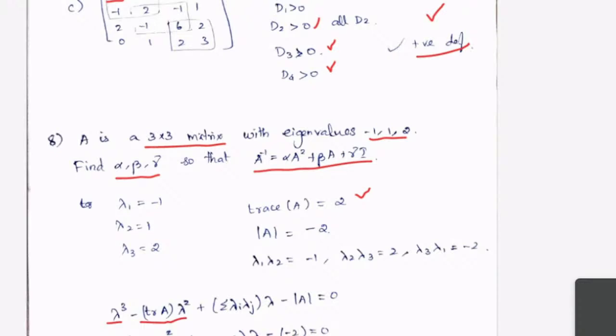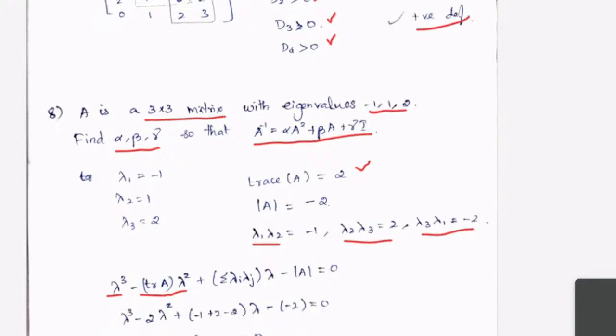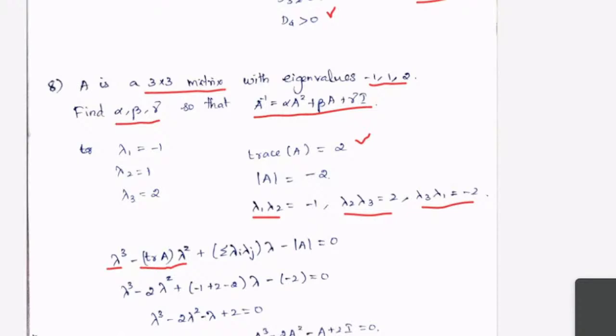For that, lambda 1 into lambda 2 is -1, lambda 2 into lambda 3 is 2, lambda 3 into lambda 1 is -2. By adding all this, we will get -1. So lambda cube minus trace, which is 2, lambda square, and summation of lambda i lambda j is -1, so minus lambda, minus determinant of A. Determinant of A is -2, hence plus 2 is equal to 0.